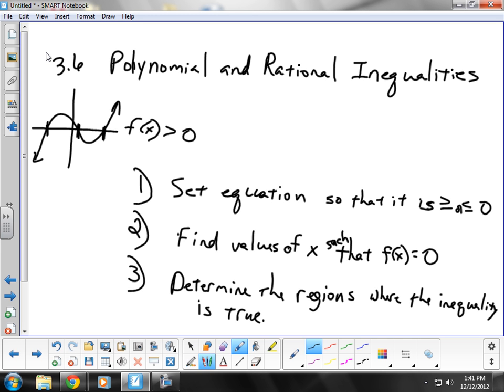Like I said, the big thing that you got to remember is this piece right here. It's got to be so that f of x is either greater than 0 or f of x is less than 0. Can't have any x's or anything over there on that right-hand side. Just got to have 0 over there.